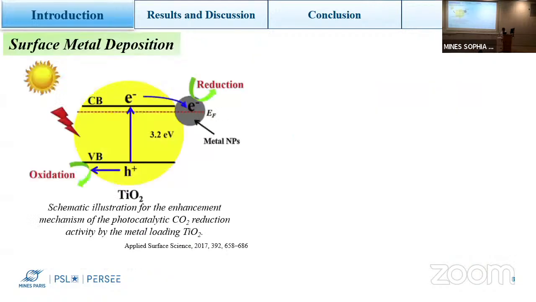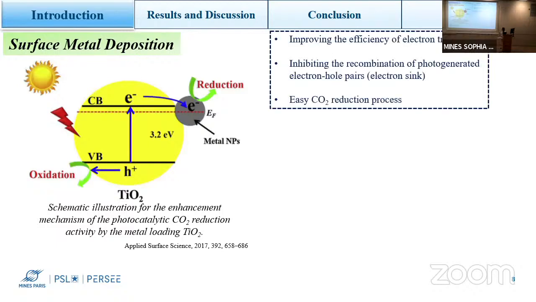For surface metal deposition, different metal particles are deposited on the surface of TiO2. In that way, it improves the efficiency of electron transfer and inhibits the recombination of photogenerated electron-hole pairs, easing the CO2 reduction process.